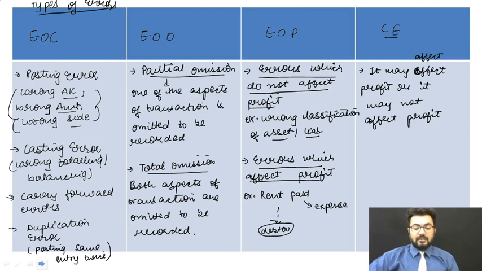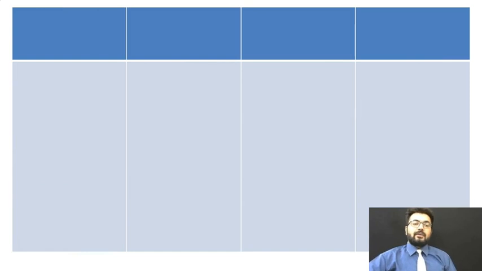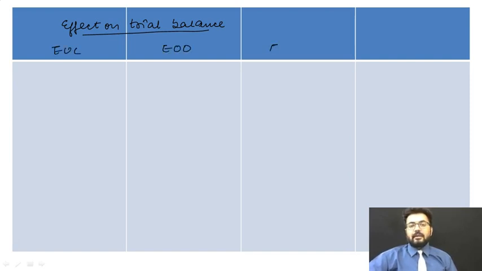Now moving on to the next thing: errors of commission. When it comes to errors of commission, what is going to be the effect on trial balance? Write as effect on trial balance. First of all, it's errors of commission, errors of omission, errors of principle, and compensating errors. Talking about one-sided errors, in errors of commission, one-sided errors cause difference in trial balance.